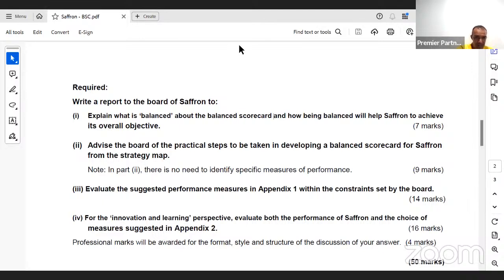But the first part you should write down.